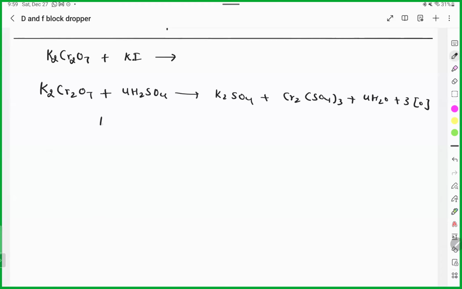When this reacts with KI in presence of the nascent oxygen, what will happen? It will convert into I2 and then it will convert into K2O. 2KI, K2O, balance. Now to balance more, you will multiply everything with 3.